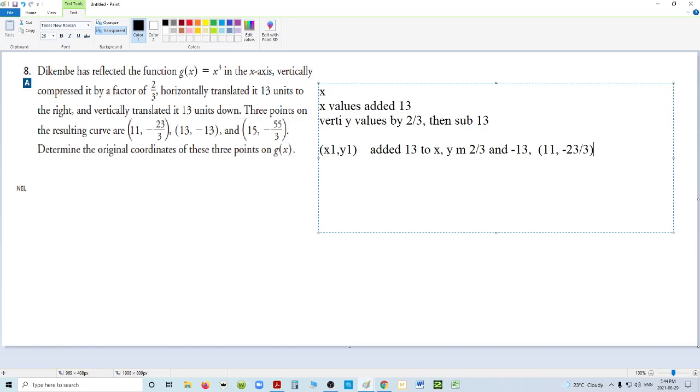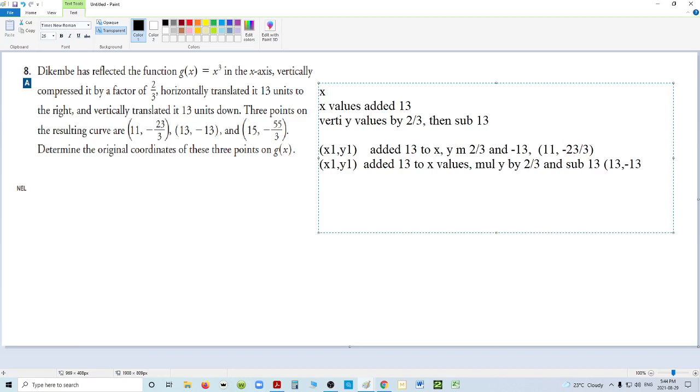So what you have to do is reverse that process. So since he does it in order, he multiplied by 2/3 and then he subtracted 13. We have to add 13. And you do it with each of the coordinates he has. So let's do it with, he started with an x1 and y1. He added 13 to x values. And then he multiplied y values by 2/3, and then he subtracted 13, and he ended up with 13 and negative 13.